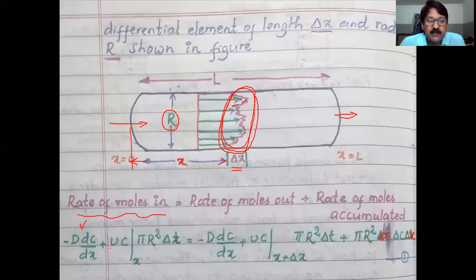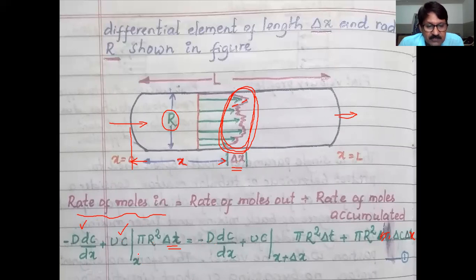Okay, this is by diffusion. UC is the material transported through the convective flow, where U is the velocity and C is the concentration. It is multiplied by the area pi r square and the time delta t. So this is in. What is out?